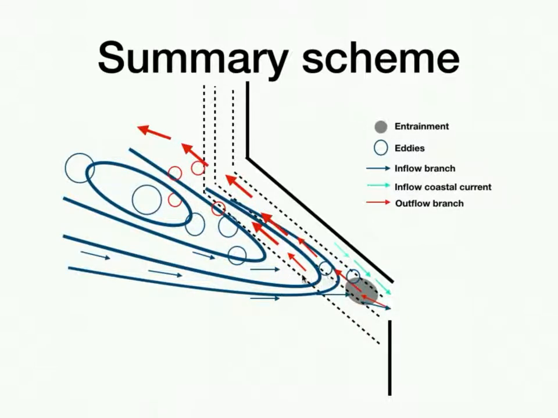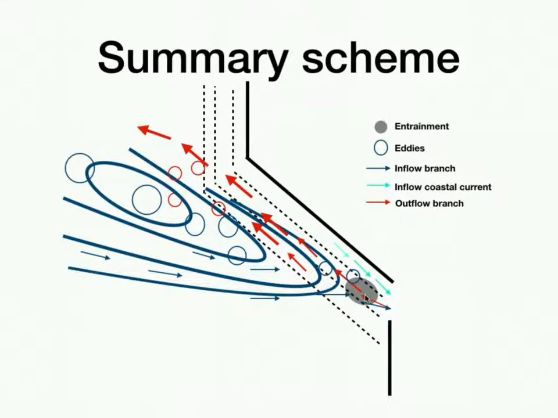What we see is the generation of this outflow branch quite early, independently of the cape, very close to the entrainment zone. But interestingly, what occurs close to the entrainment zone is mostly an overturning-like circulation.